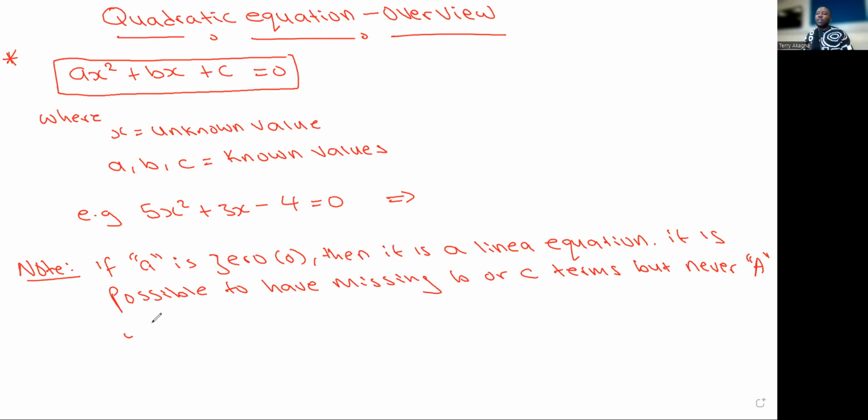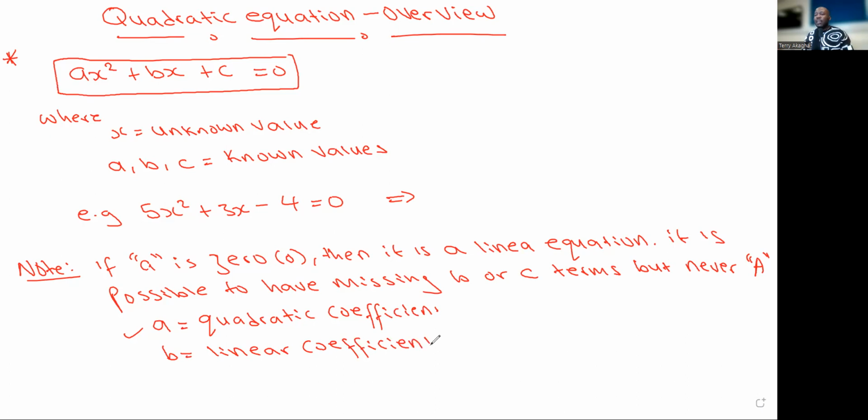So this a is referred to as the quadratic coefficient. That's why you can never have it be 0. The b is referred to as the linear coefficient.